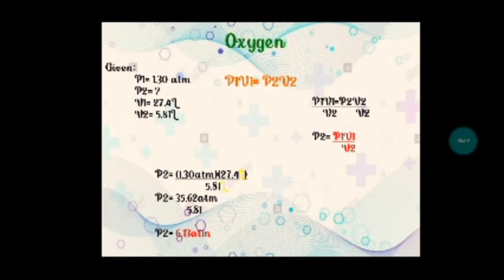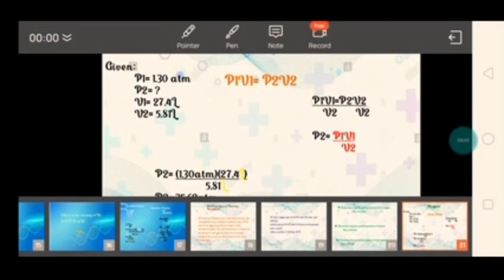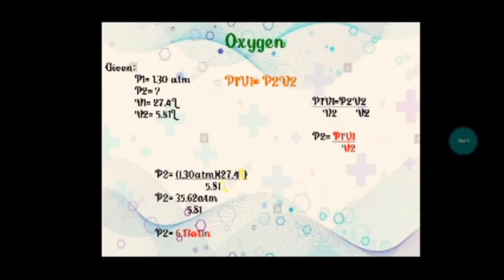So we cancel out the same unit, liters. 1.30 atm multiplied by 27.4 liters comes up with 35.62 atm, and because they cancel out the same unit, the remaining is atm. So 35.62 atm divided by 5.81 comes up with 6.13 atm. So the new partial pressure of the oxygen gas is 6.13 atm.